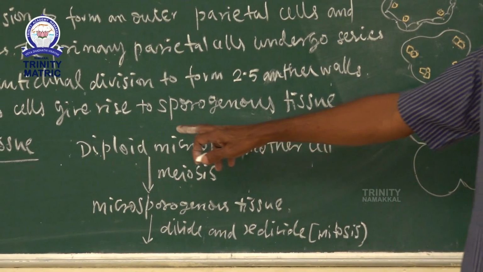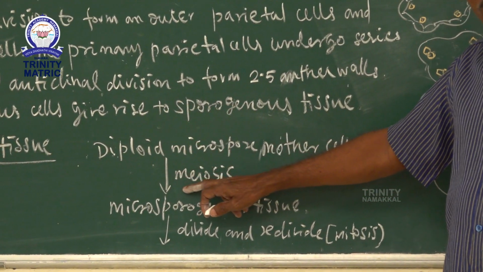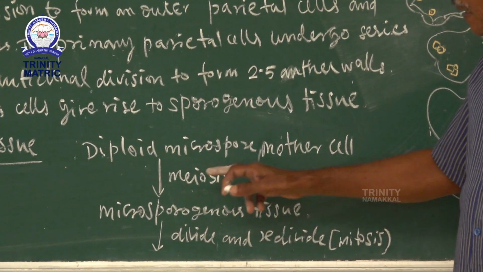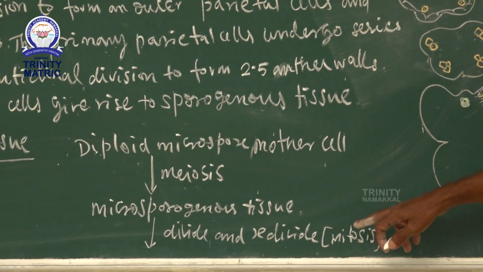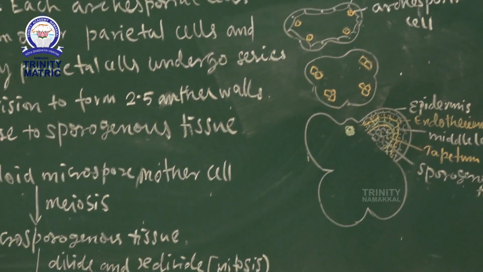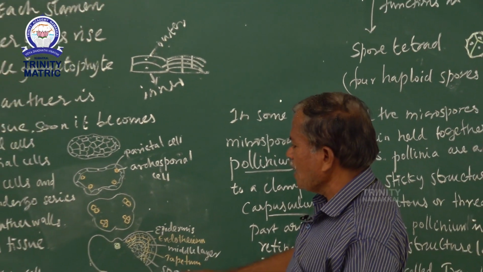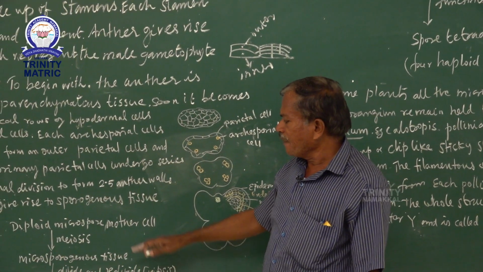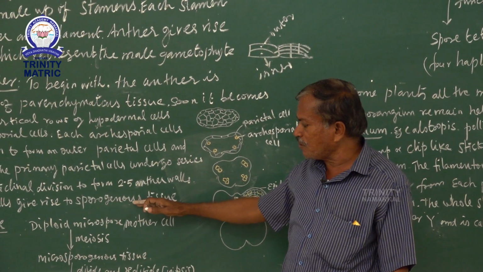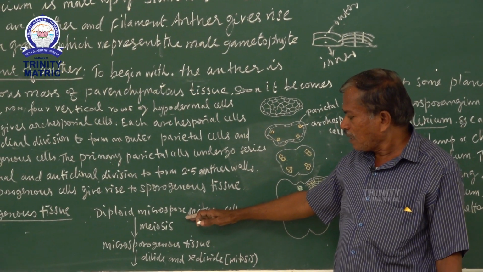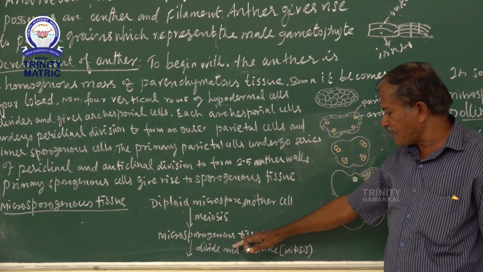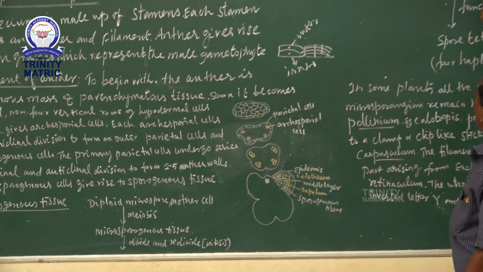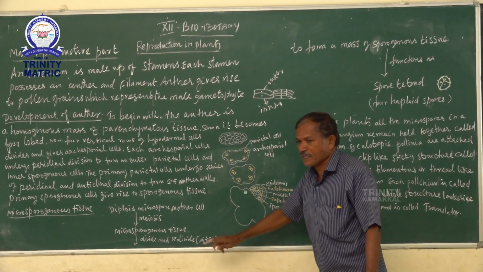Remember, the diploid microspore mother cell divides by meiosis, and the microsporogenous tissue divides and redivides to form a mass of sporogenous tissue by mitosis. Sometimes a question is asked: the diploid spore mother cell undergoes meiosis division.